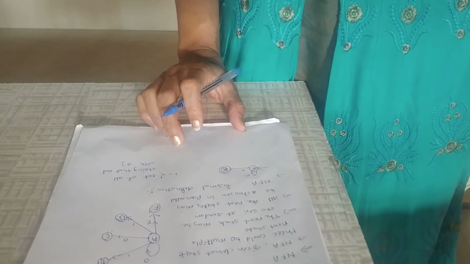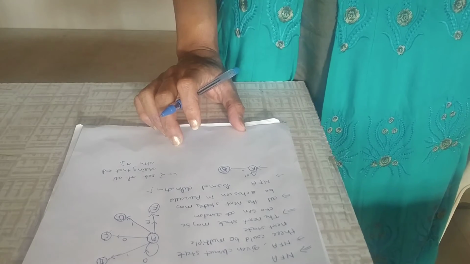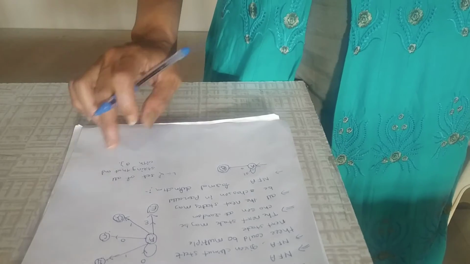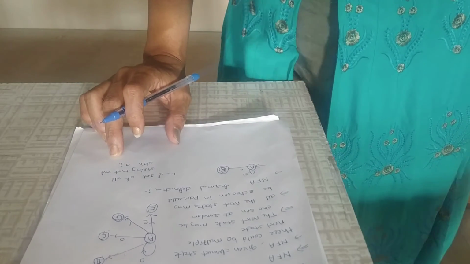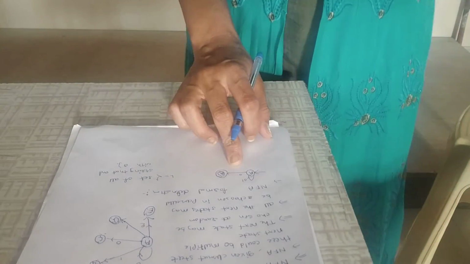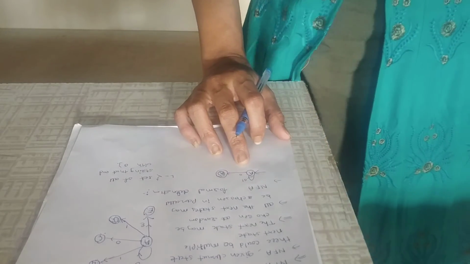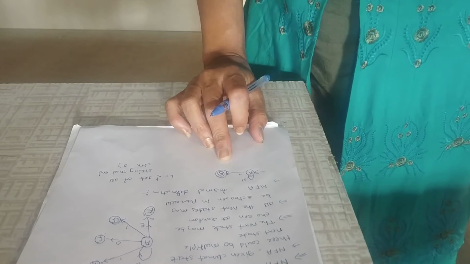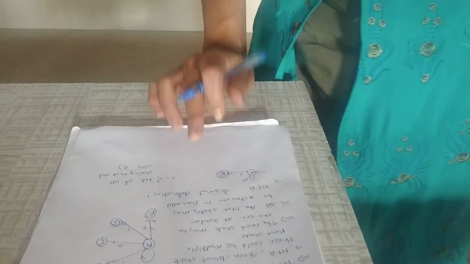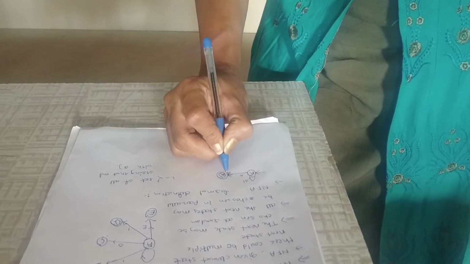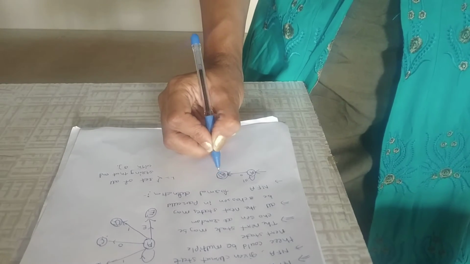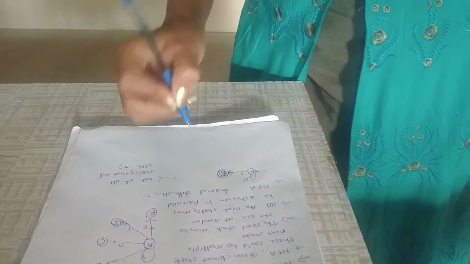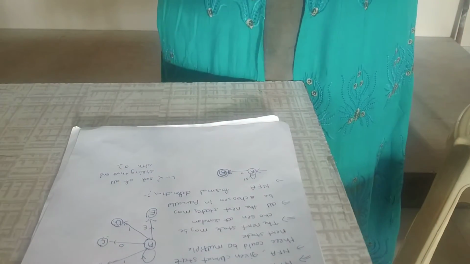An NFA is a machine which accepts the set of all strings that end with a 0. Look at the example: on getting a 0, it comes to the final state. This is how we show the final state. So this is the formal definition of NFA.